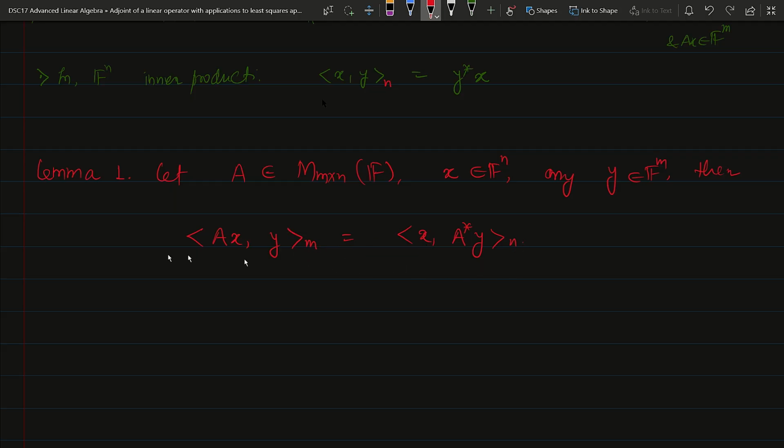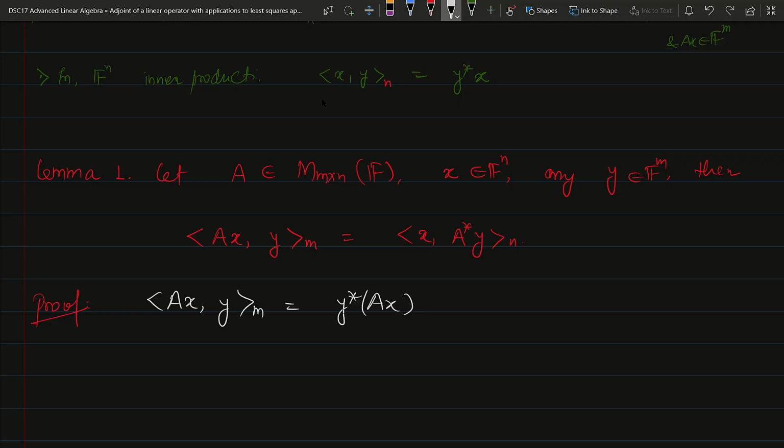Okay, the proof is quite simple. We just use the concept of adjoint. So the proof says: if we directly consider this inner product, then Ax comma y in M, if we apply the definition of standard inner product, will be equal to y star A x.